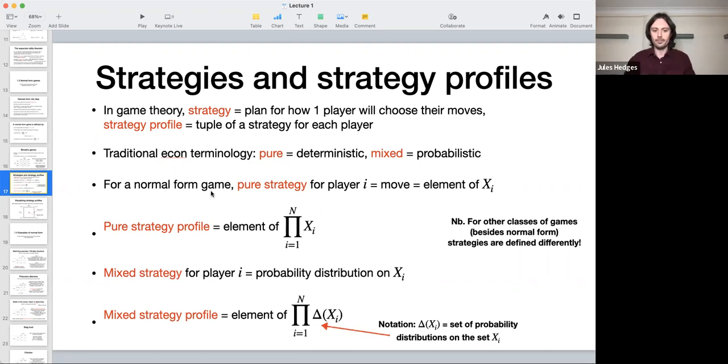That's the only thing it can be. So note that this is specific to normal form games. When we have more complicated classes of games like extensive form in a couple of weeks, we're still going to have things called strategy, but they're not going to be the same thing as moves anymore. Because players are going to have the ability to do other things like make observations of the game state.